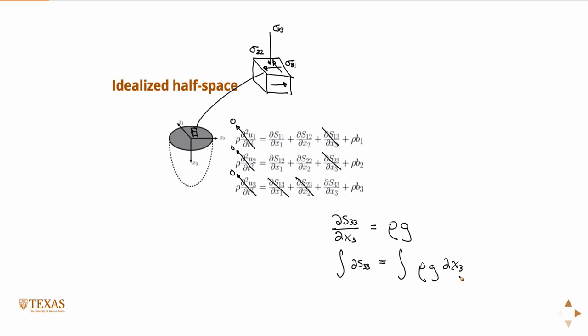Well, that gives me an equation, right? So then this is S33 plus a constant. So this gives me an equation to determine what S3 is. We'll see this in a second. But the point here is just to know that S33 is a principal stress.